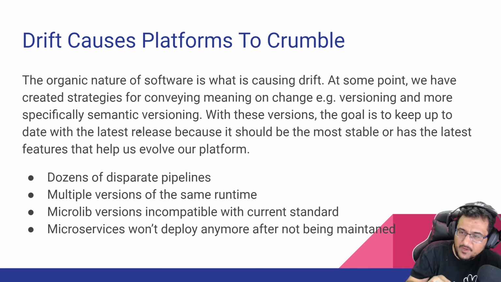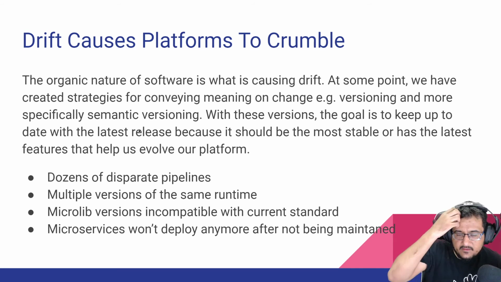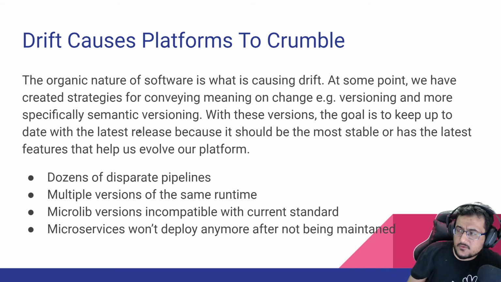You will have to have special tooling for the services running on older versions, because it takes time to update, right? It's developer hours that you need to invest to make those services work with the latest and greatest. Again, microlib versions are starting to become incompatible with the previous ones.